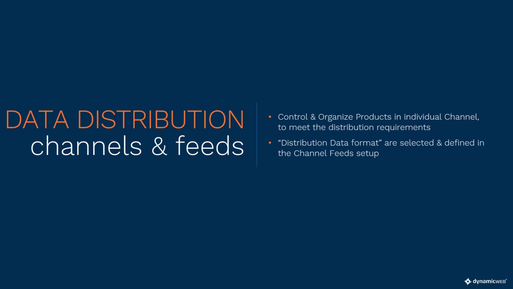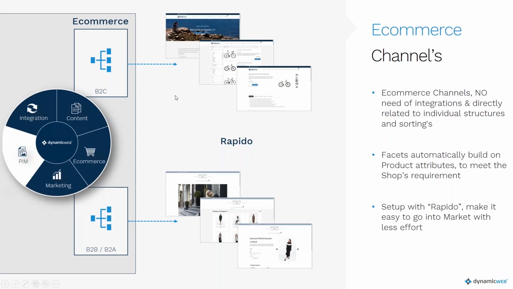Now, channels are of course to maintain and control where the products should go, to the different distribution channels or to different areas where we want to use the product informations. Now, if we take a look into it, some of the channels could be the e-commerce channels. That could, of course, be B2C or B2B or B2A or whatever they're all called today.